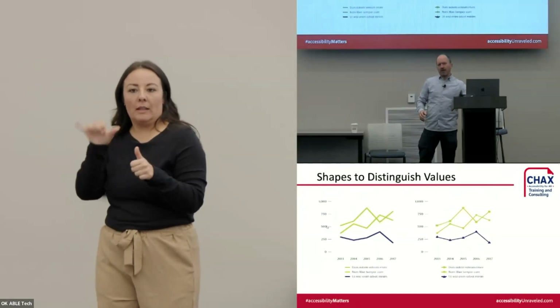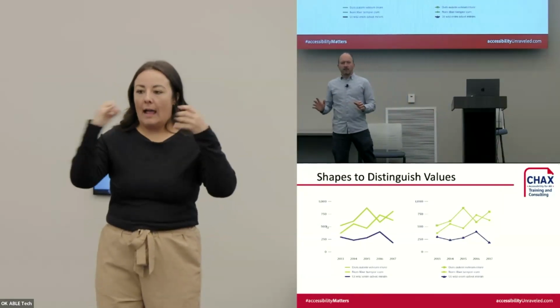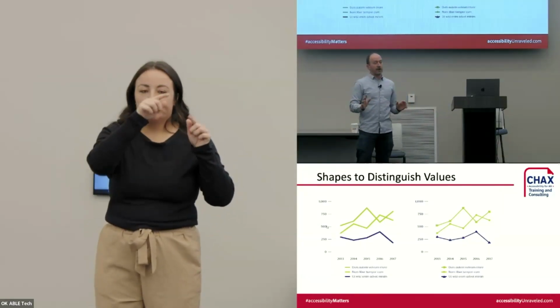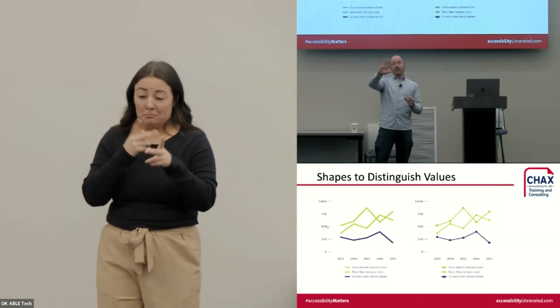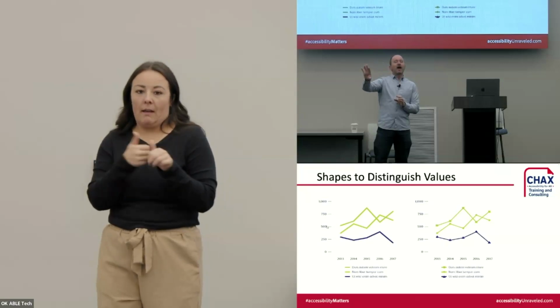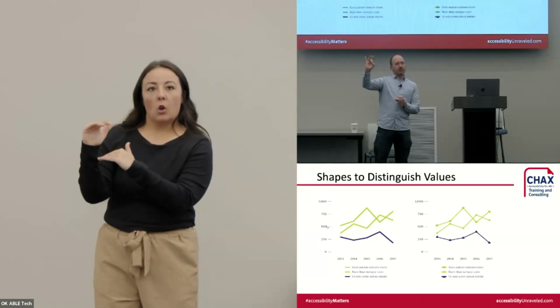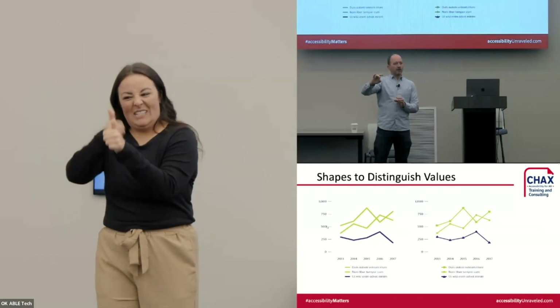I'm going to show you a couple more examples. Line graphs are notorious, right? Especially from a colorblind standpoint, line graphs can be really challenging to interpret. And one of the ways that you can get around that limitation, you can see on the right-hand side, I added shapes to each line to distinguish them from one another.